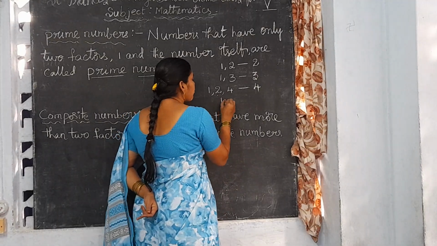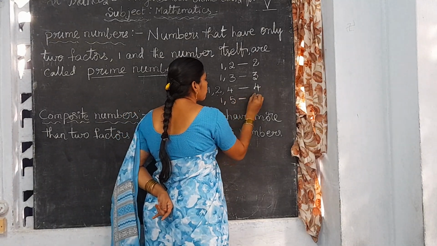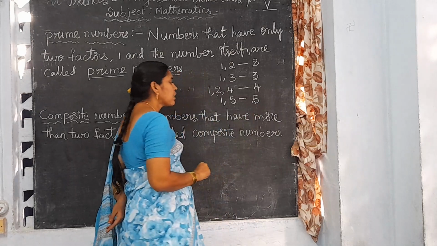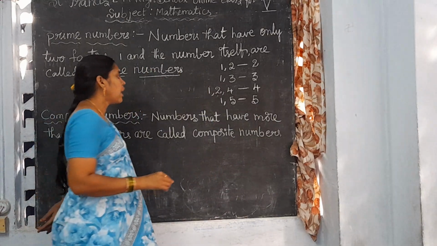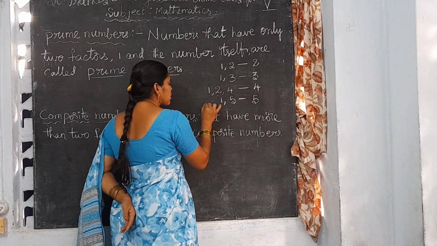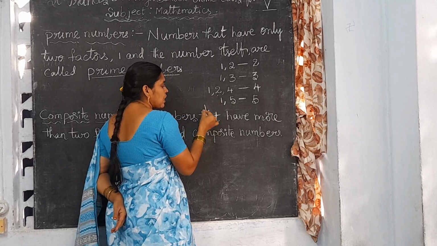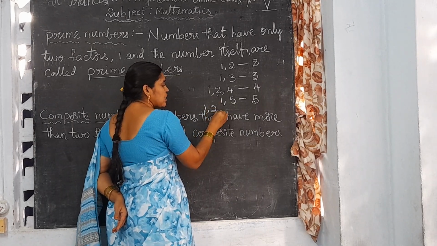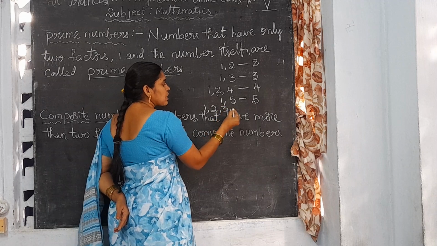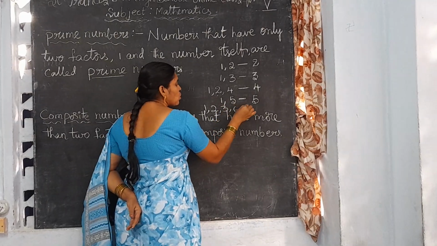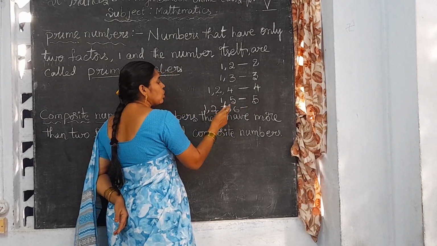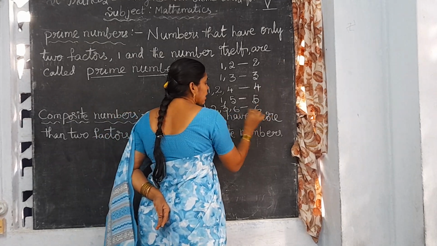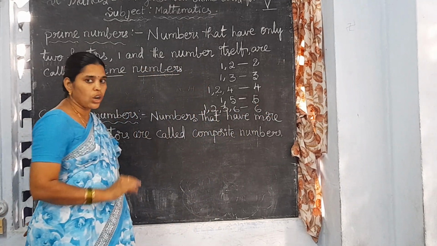So 1 and 5 are the factors of 5. Clear? And what are the factors of 6? 1 six is 6, 2 threes are 6, 3 twos are 6, 6 ones are 6. So 1, 2, 3, 6 are the factors of 6, and so on.